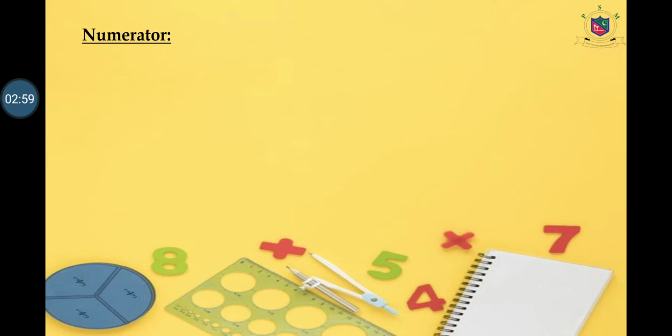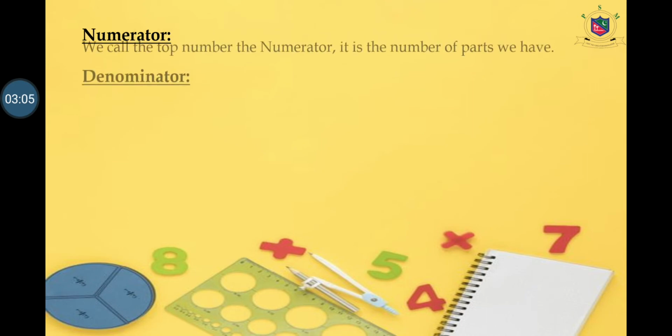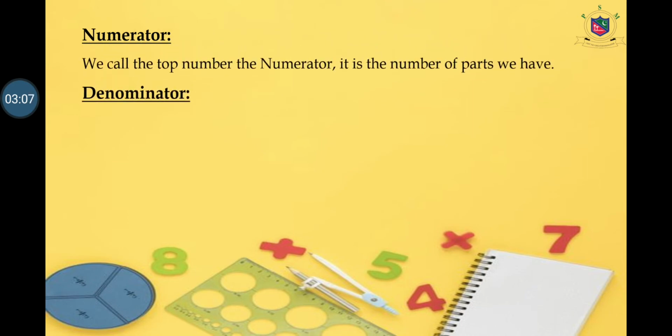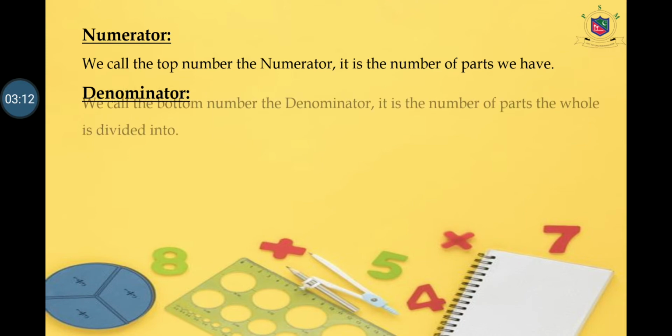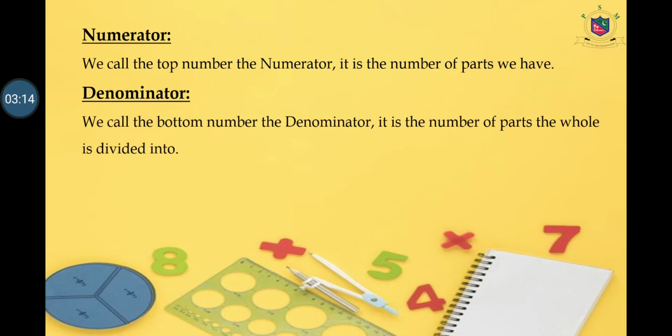Dear students, we always represent a fraction in the form of a numerator and a denominator. Whenever we write a fraction, we call the top number the numerator. It is the number of parts that we select.